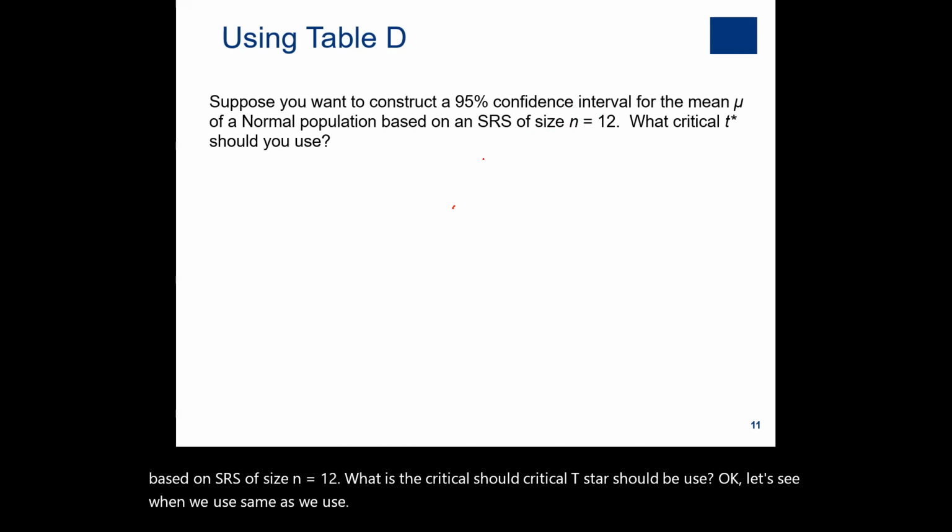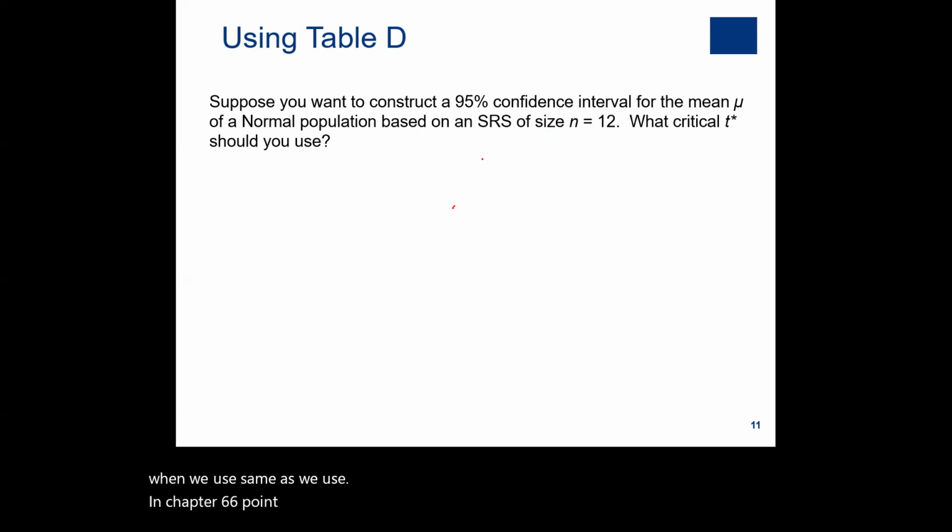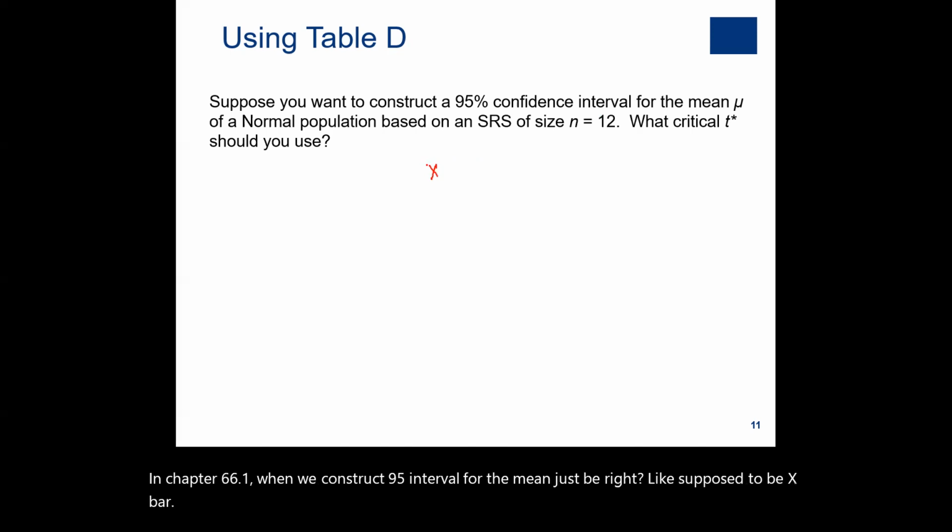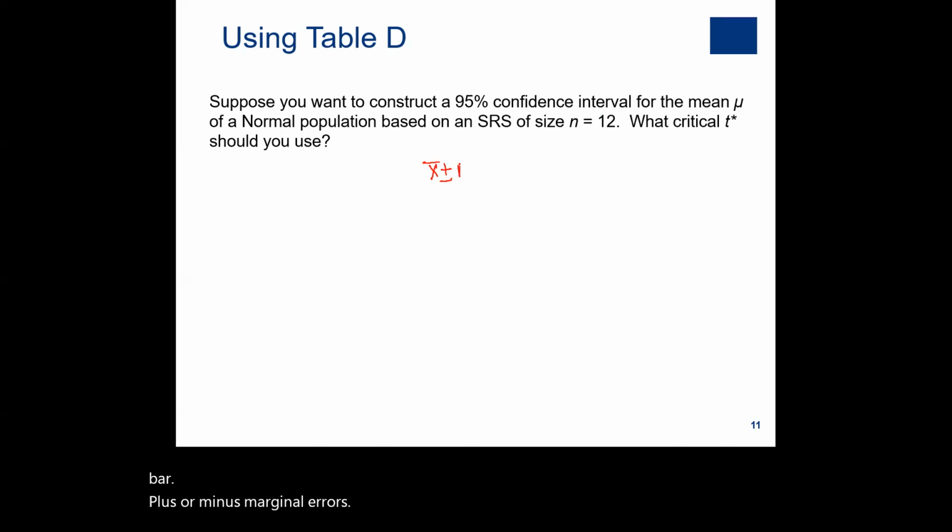in chapter 6.1, when we construct a 95% confidence interval for the mean. We write X bar plus or minus the margin of error, call it M. This margin of error is Z star multiplied by sigma over square root n.